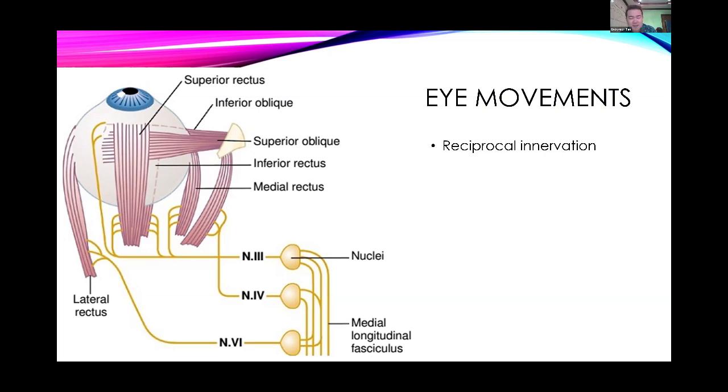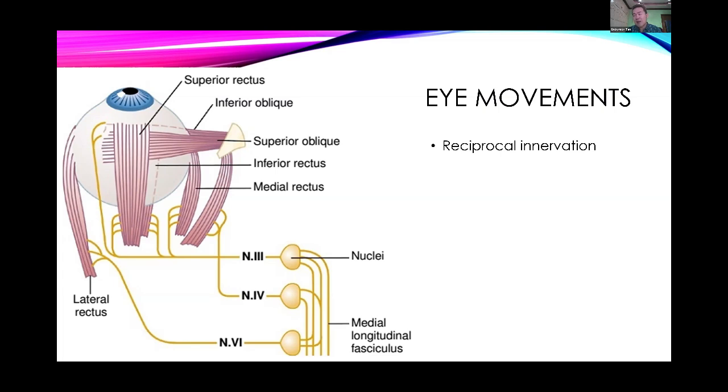What do I mean? Okay, the medial longitudinal fasciculus is made up of the nuclei of cranial nerves 3, 4, 6. You remember, the MLF is made up of the cranial nerve nuclei of those cranial nerves that would have direct action on those extraocular muscles. What is the importance of this one? Imagine, everybody, when you look to your right, now, look to your right.